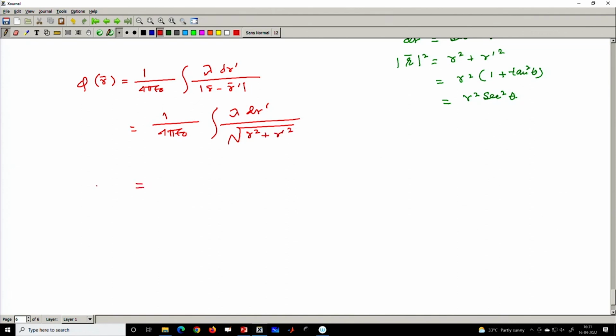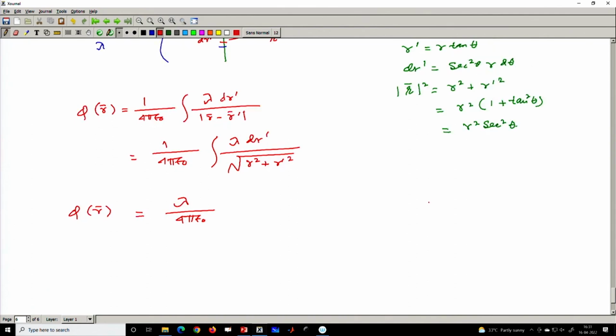If I go on with the calculation, phi at point r is lambda divided by 4 pi epsilon 0, because lambda is a constant I can take it out, and dr prime we calculated here, so that value we are going to put.